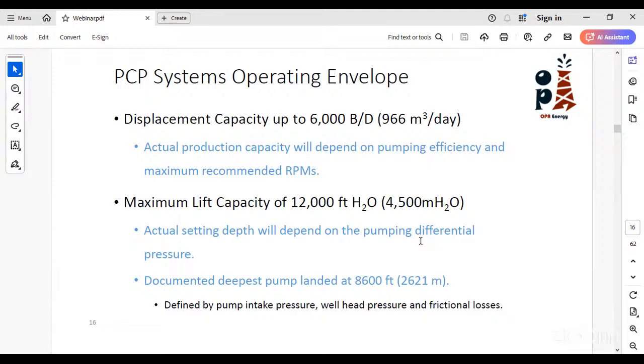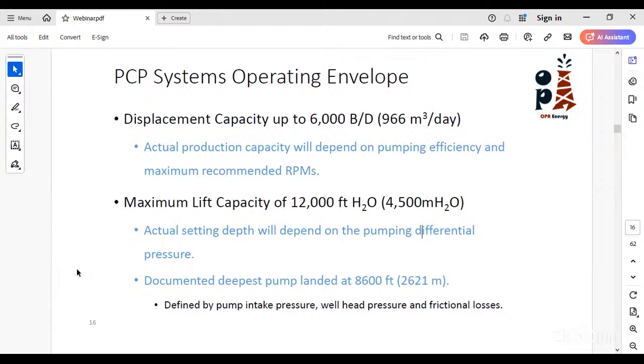So let's now move to the next slide. The operating envelope of the PCP system. Of course, the operating envelope means the flow rates that the PCP can produce, the net lift or the total dynamic head that it can deliver.